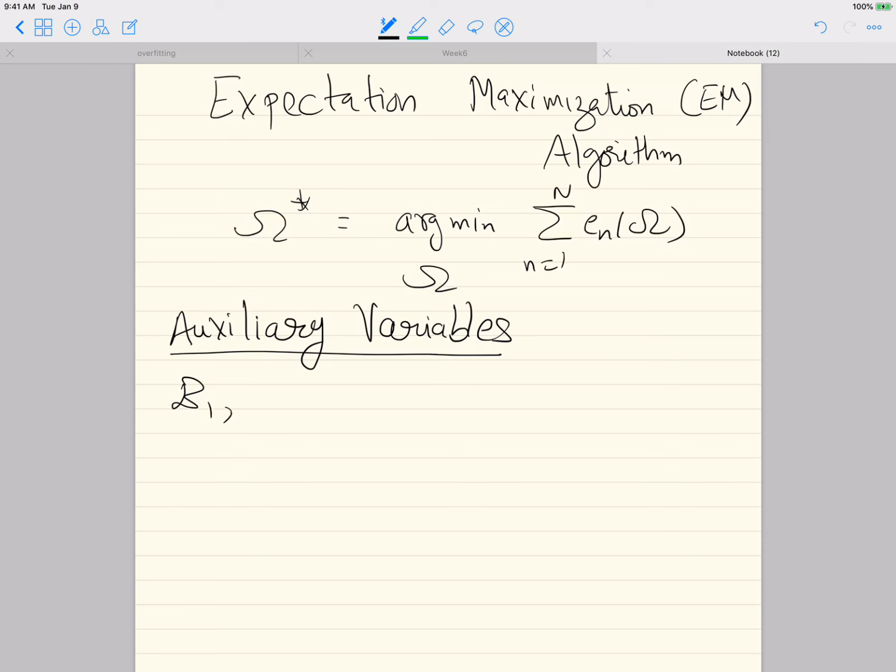So we'll define B1, B2 up to Bk, which are all subsets of the original training set D. So we're going to partition our data points into k clusters.